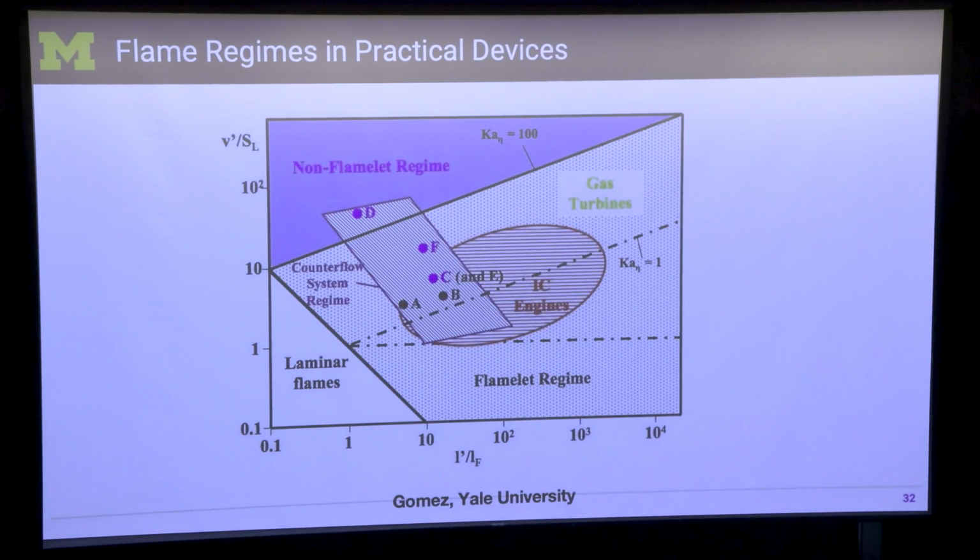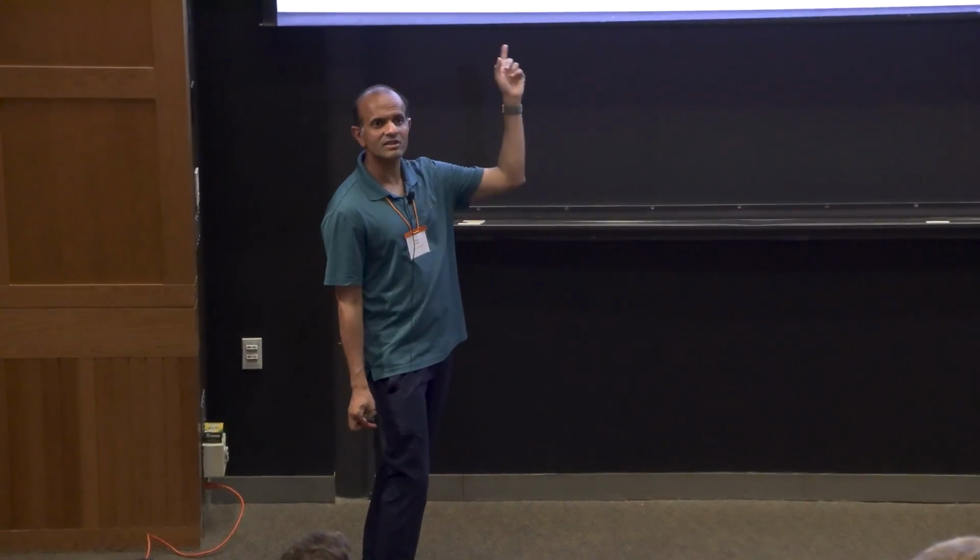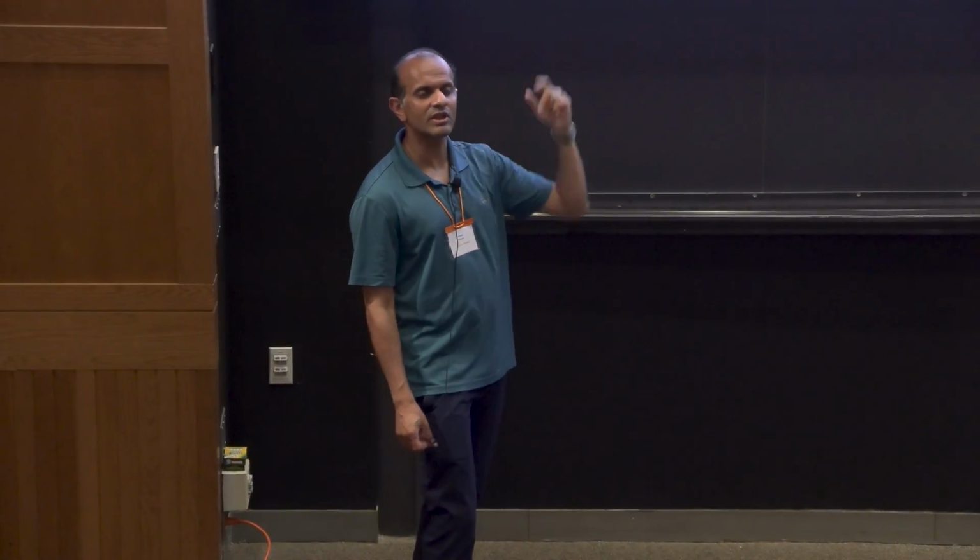The same way, they also operate at higher Karlovitz numbers. So that's why it sits at the top right there. Internal combustion engines in general operate at a lower Reynolds number and a lower Karlovitz number. So it doesn't use turbulence the same way as a gas turbine does. So you can see that its range is a little bit smaller than what you have with the gas turbines.